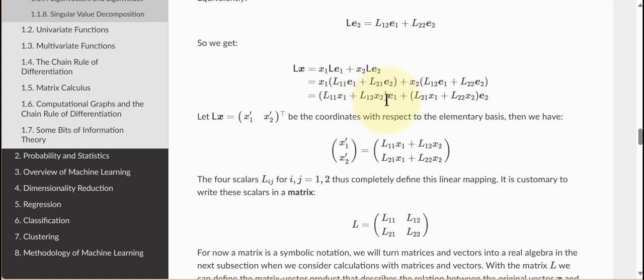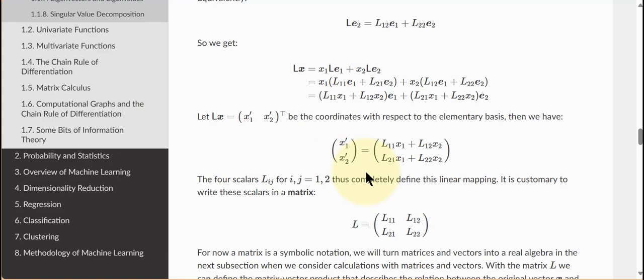This is the multiplier for E1, so that's the coordinate in the E1 direction, and the coordinate in the E2 direction is here. So the x1 prime coordinate is this, and the x2 prime coordinate is this. So x1 prime is equal to this one up here, and x2 prime is this one here. Okay, so we can do that.